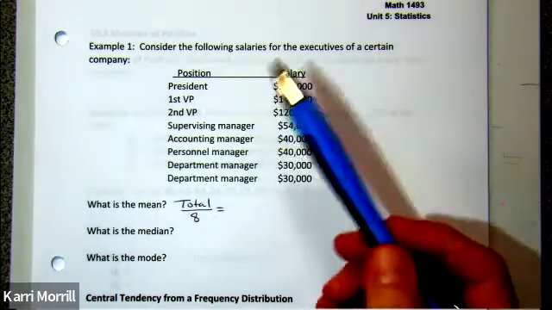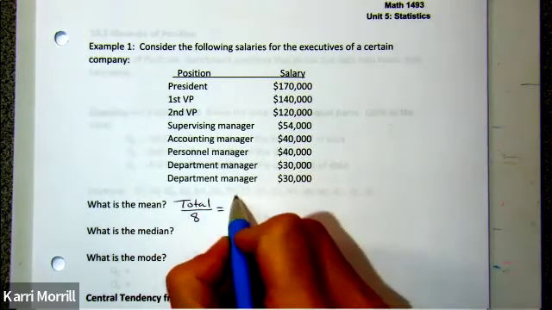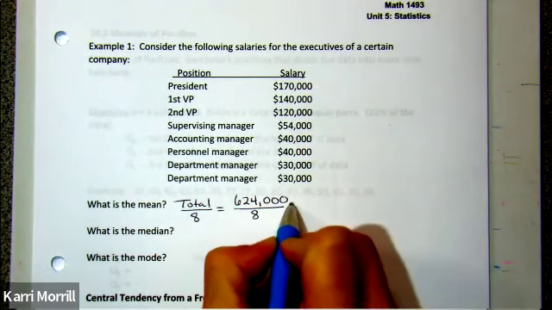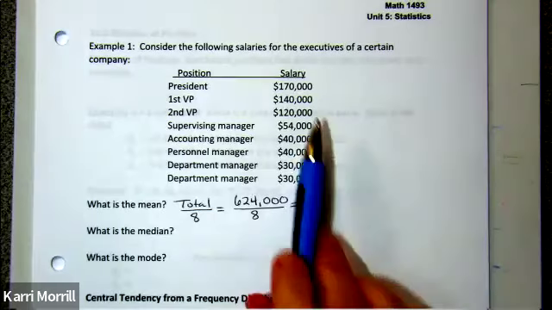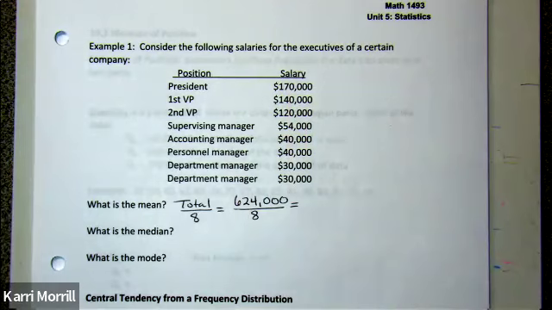So you would have to go through and add all those together. And when you do, you're going to get 624,000 divided by 8. So again, I think you guys are capable of typing in 170,000, 140,000 into your calculator. And when you do, you might practice it yourself, you'll get 624,000.